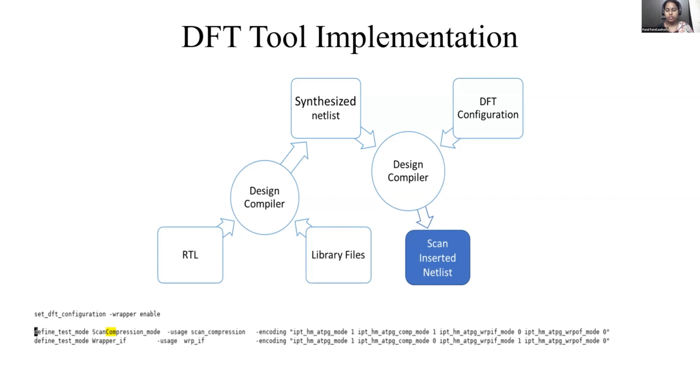So which one you want to use is the question. Under the DFT configuration, we provide which type of testing we want, how many actual test inputs we have, how many chains we want, or how many flip-flops we want in one chain. All these details are given under the DFT configuration. Then these two files are given to the tool, again Design Compiler, which provides us a scan-inserted netlist. It's just your normal netlist plus this DFT circuitry embedded in it.